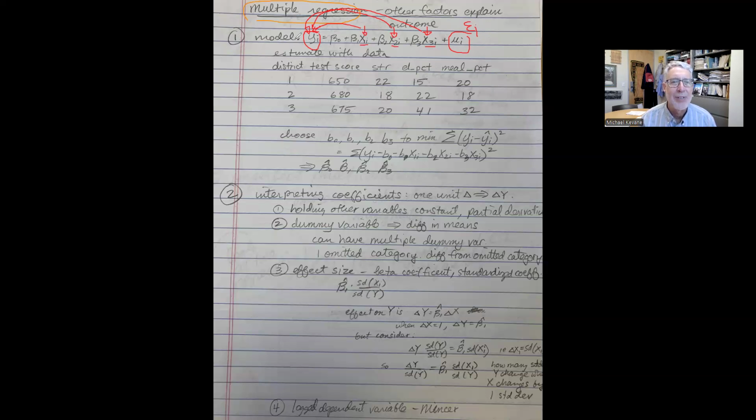We can think of this also in the context of our California schools data set, which we occasionally mention. In our California schools data set, the outcome is the test score. Our explanatory variables are the student teacher ratio, the percent of English language learners in the district, and the percent of families eligible for free or reduced meals.